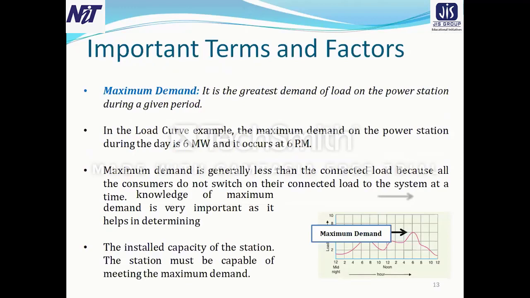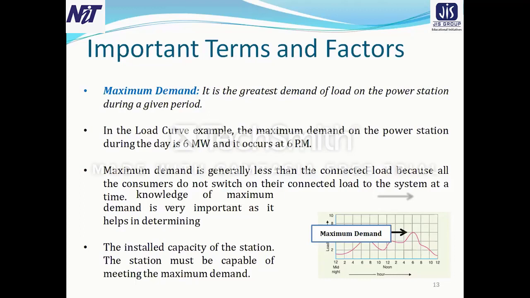Now the maximum demand. It is the greatest demand of the load on the power station during a given period. In the load curve example, the maximum demand on the power station during the day is 6 megawatt, and it occurs at 6 pm. As per the load curve figure, we already find that the maximum demand is at 6 pm.